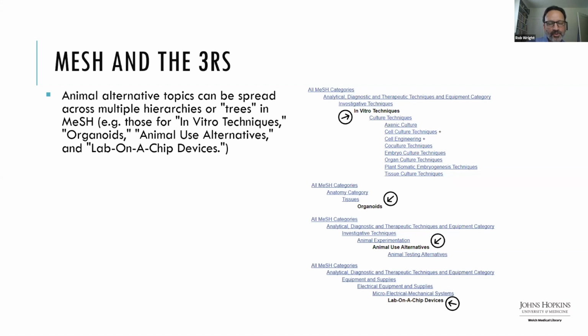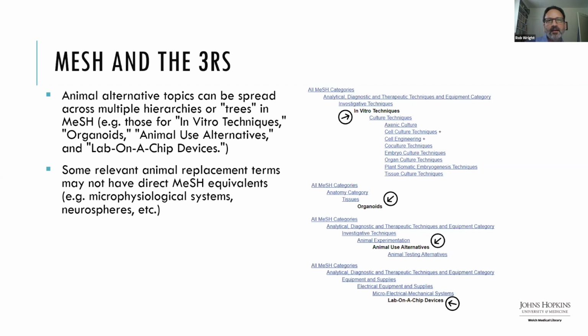So one general rule is you have to do quite a bit of digging to find all relevant MeSH terms for a 3Rs-based search. And I think it's also important to note that some animal replacement terms that are relatively commonly used in the literature don't have any kind of direct MeSH equivalent. So there is no MeSH term, for instance, for microphysiological systems or for neurospheres.